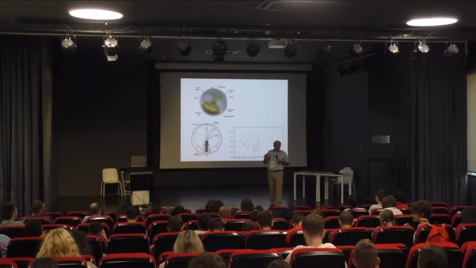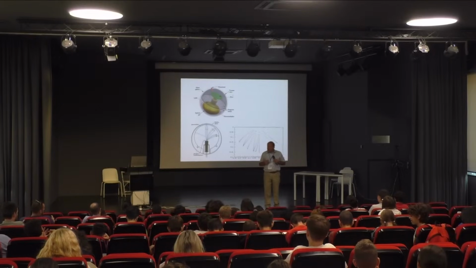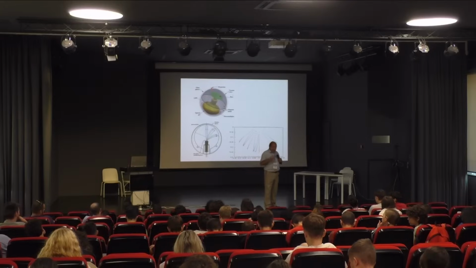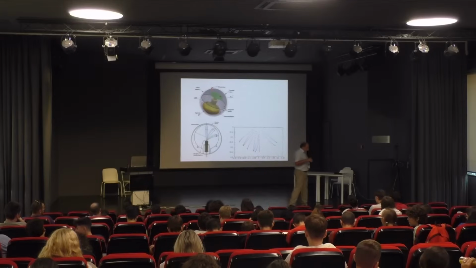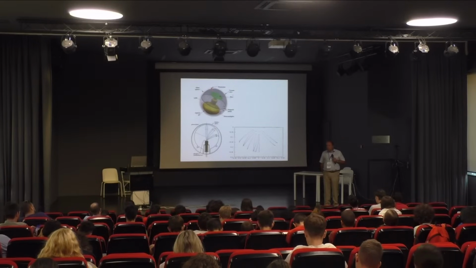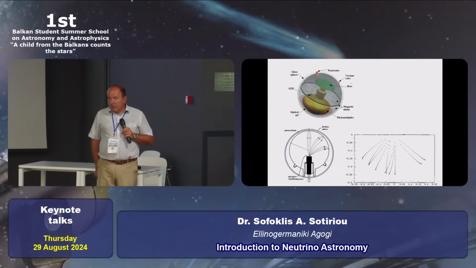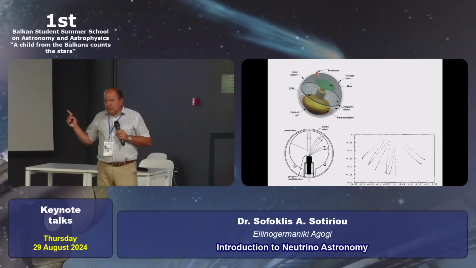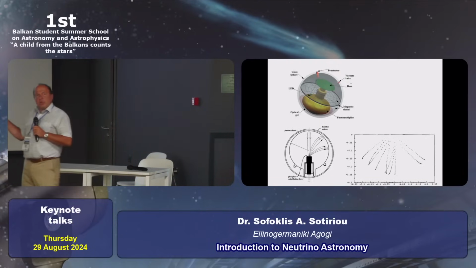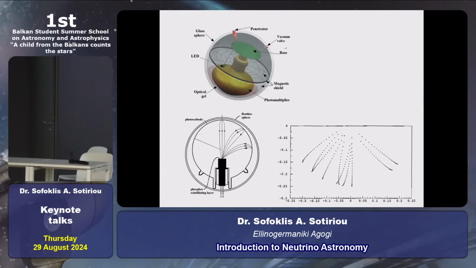And also there is an effort that is still going in Siberia, in Lake Baikal, where they are installing the telescope at the bottom of the lake, which is about 1,000 meters deep. But we will see that we are facing significant problems in deploying these detectors in the sea.